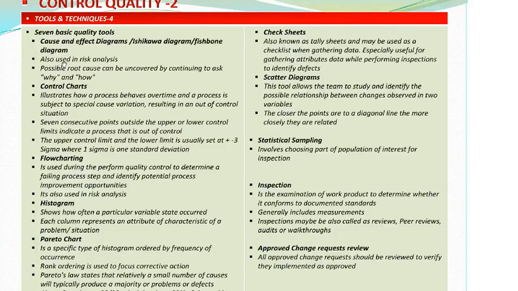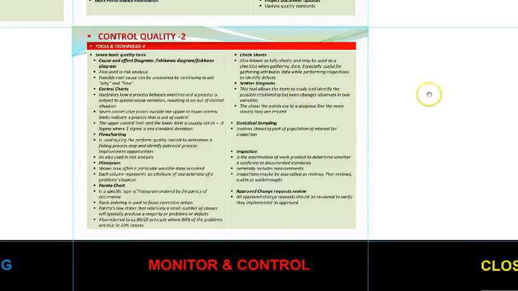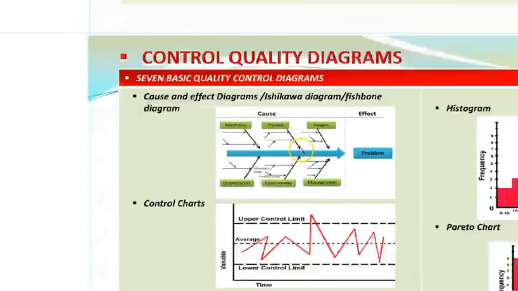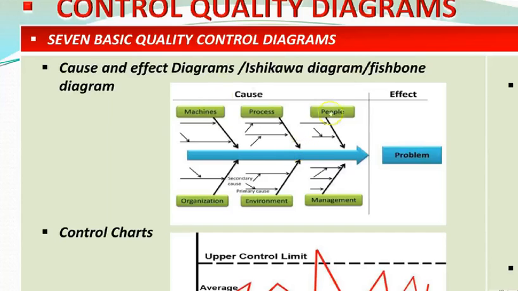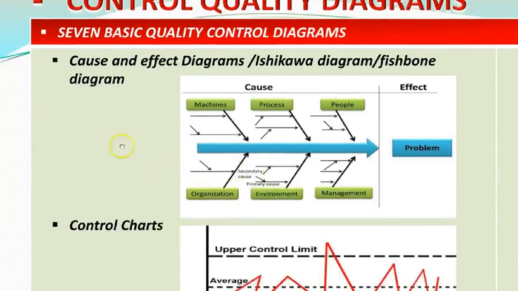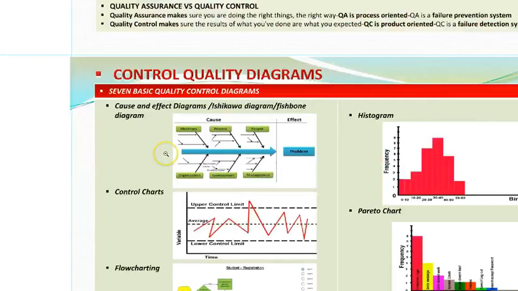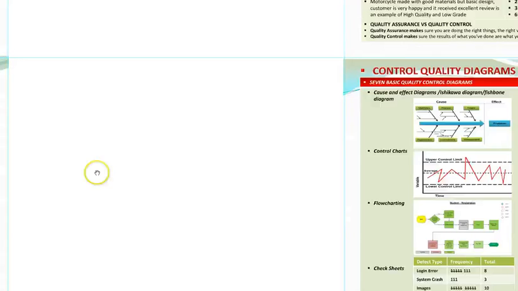All three of them are the same, and they look like this. It's in the shape of a fish, and it has the cause and the effect, finding the primary cause, the secondary cause, and going all the way to find what caused it, as in the root cause.